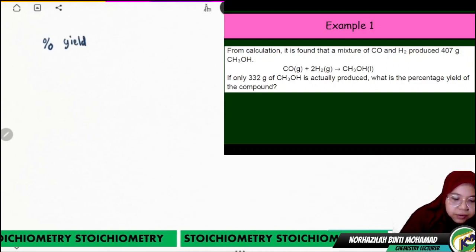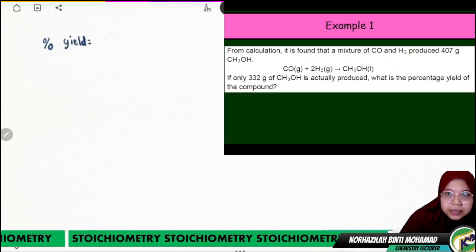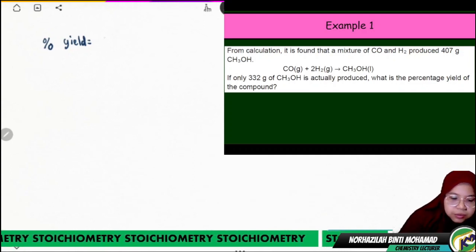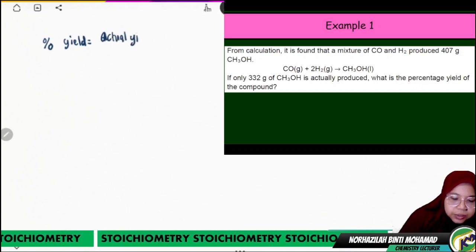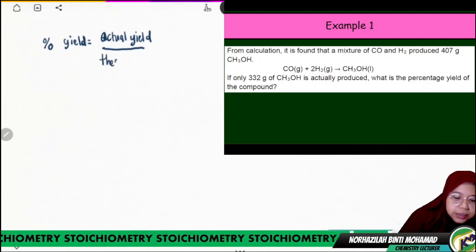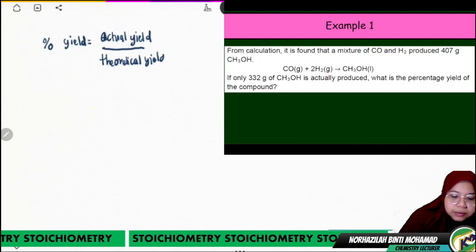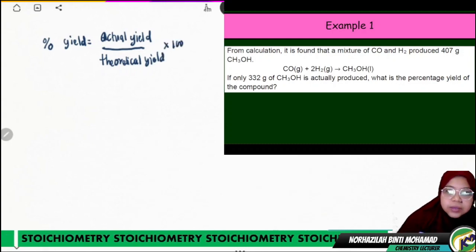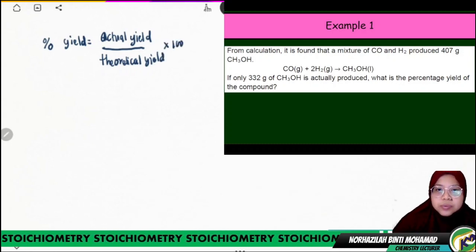So the formula for the percentage yield, given here is the mass, is the actual yield divided by theoretical yield, times 100. So we need to determine which one is the actual yield and which one is the theoretical yield.